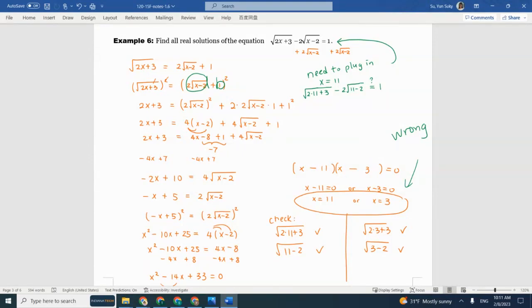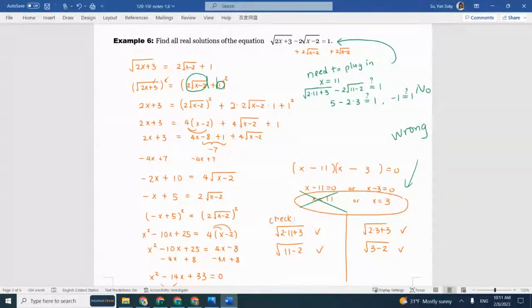What's 2 times 11? 22 plus 3? 25. Square root of 25 is 5. And then 11 minus 2? 9. Square root of 9? 3. What's 2 times 3? 6. 5 minus 6? Negative 1. Is negative 1 equal to 1? Oh, see? 11 is not a root.